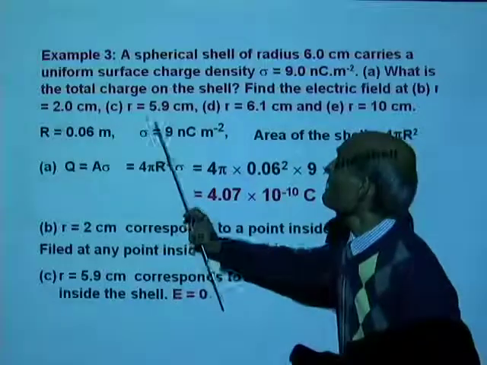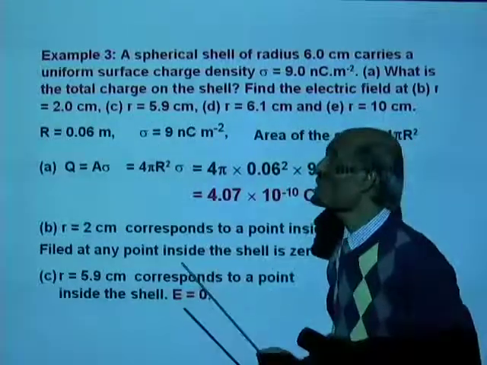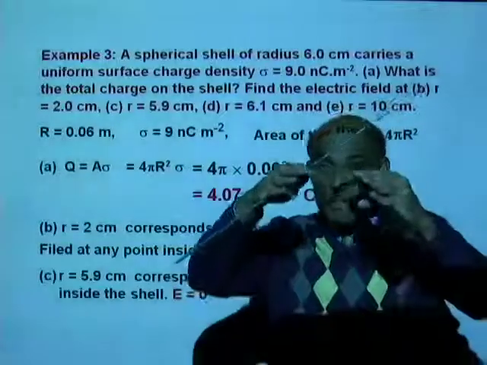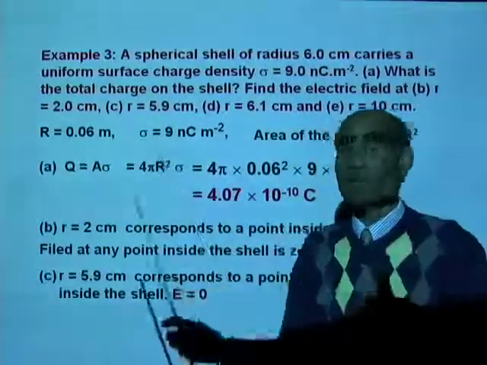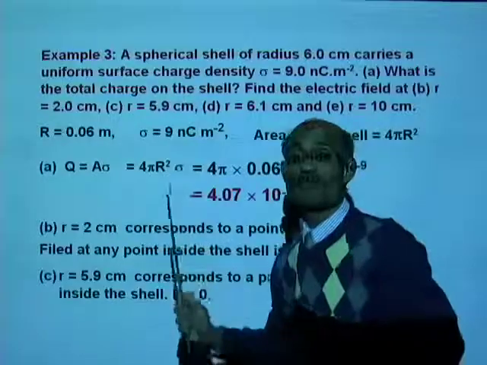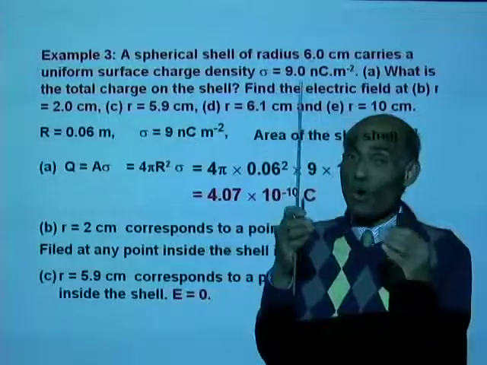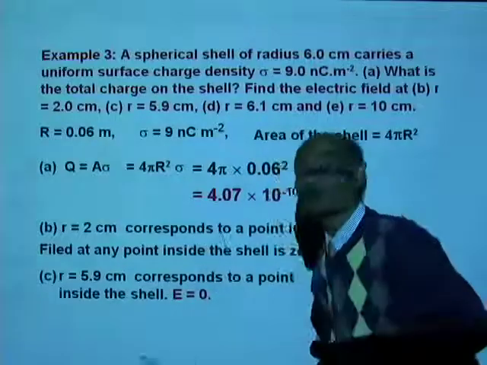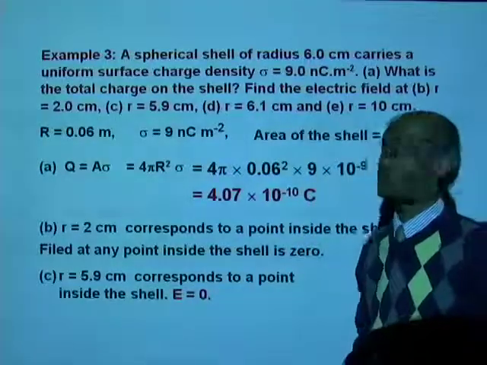How about the next one? What is the electric field at r equal to 5.9 centimeter? Because the radius is 6 centimeter, r equal to 5.9 centimeter is also inside the shell. And again, the electric field is 0.